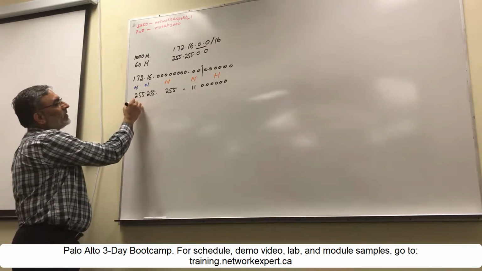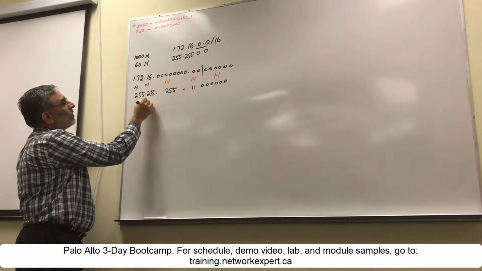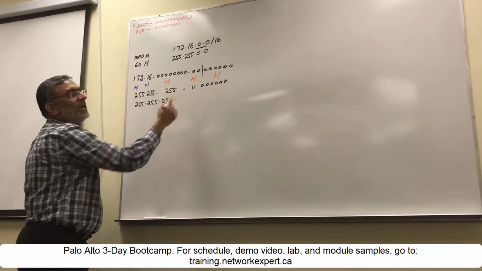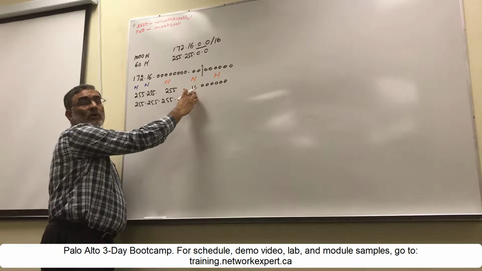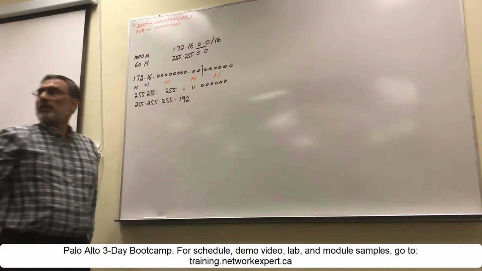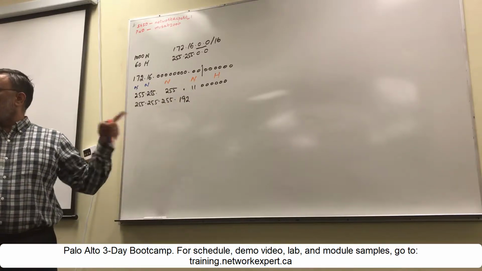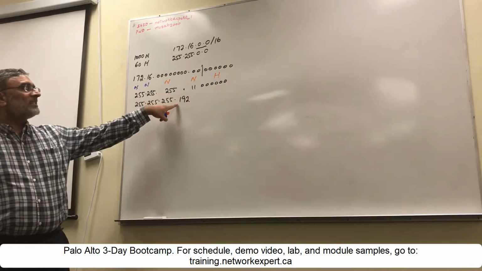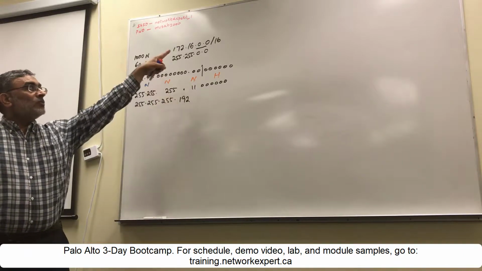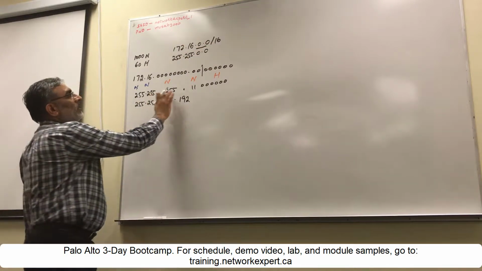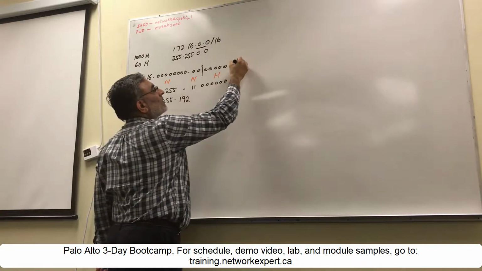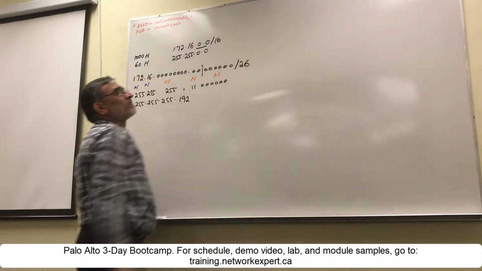The new subnet mask will be 255.255.255.128 plus 64, which is 192. If I'm mistaken, let me know. 128 plus 64 is 192. So this is the new subnet mask. If we change it into a prefix, 24 bits plus 2, it is /26.